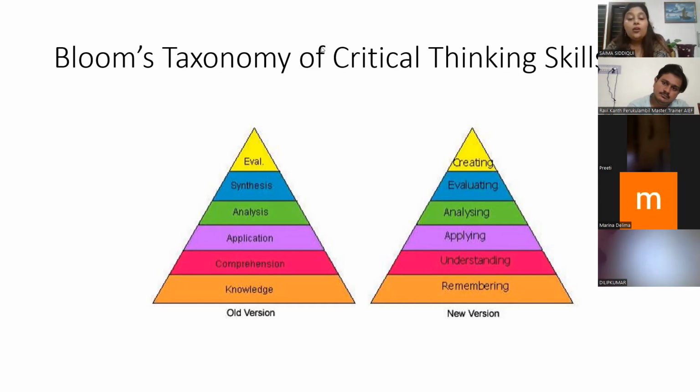Now the first level in the revised version, which was earlier knowledge, is now remembering. Remembering means recalling the information which was previously acquired. Earlier it was just remembering the fact, now it is recalling or reconstructing the information, from known to unknown, wherein the child is able to recall the information which he has already gathered in his previous life.